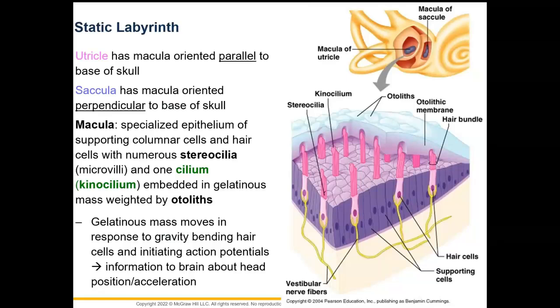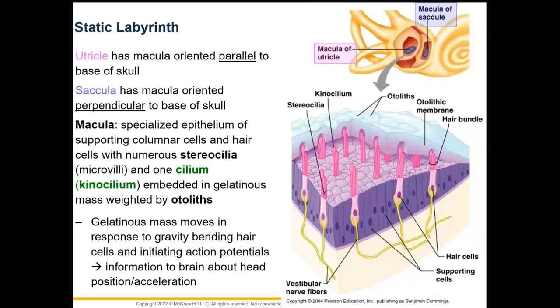So let's talk about that utricle and saccule a bit more. Our utricle has a macula that's oriented parallel to the base of the skull, and our saccule has a macula that's oriented perpendicular to the base of the skull. So what's a macula?